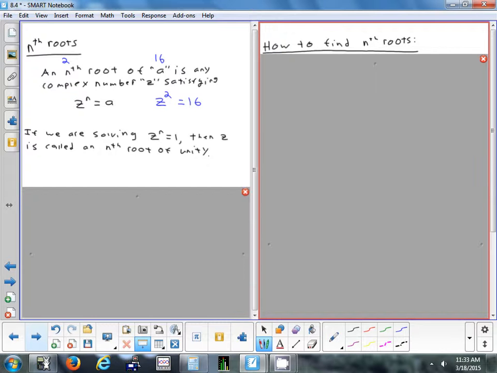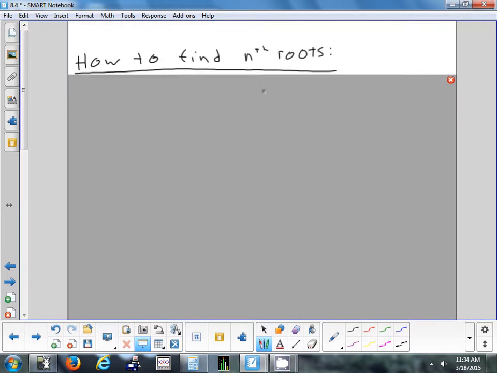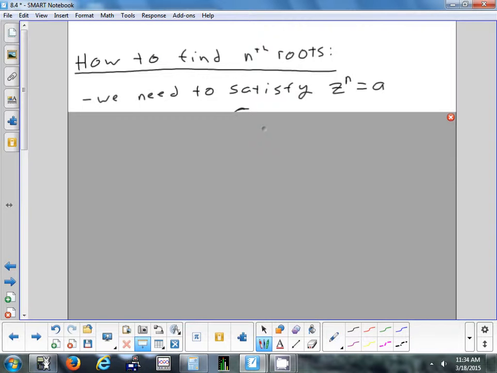Okay, so the next part is how do you find nth roots? Okay, the process I'm about to write down is going to look confusing. All right, there's a lot of variables in it. When we do an actual example, most of these variables all become numbers, and it looks a lot easier. So I'm going to try to show you the general process, and then don't get too overwhelmed, because I think an example will make it much easier.